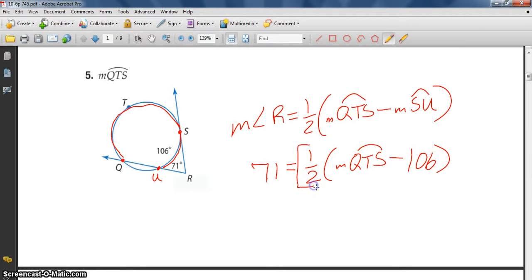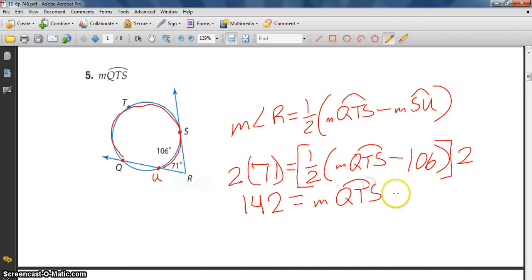So we're going to multiply both sides by its reciprocal, which would be 2. So multiply the other side by 2. So that gives you 142 is equal to the measure of QTS minus 106. When I take 2 times 1/2, that becomes 1, so it cancels out.